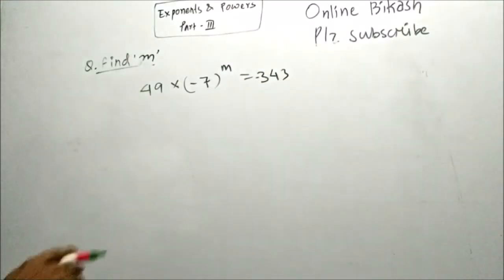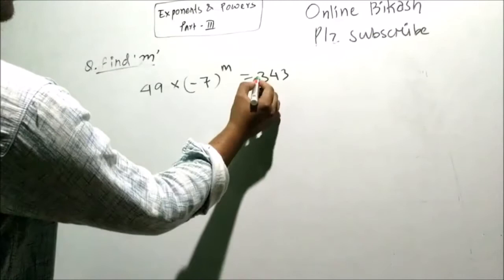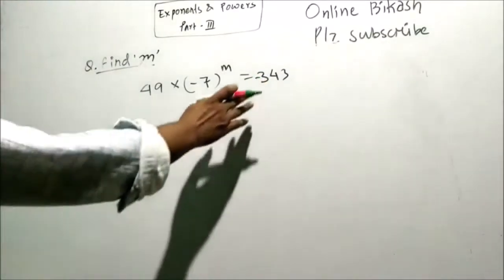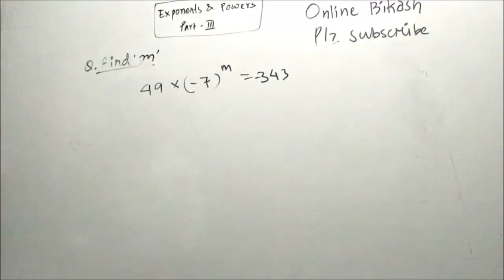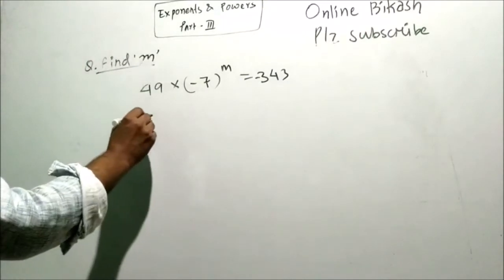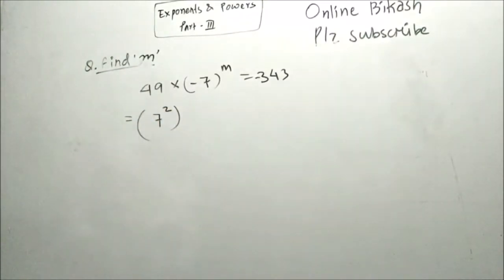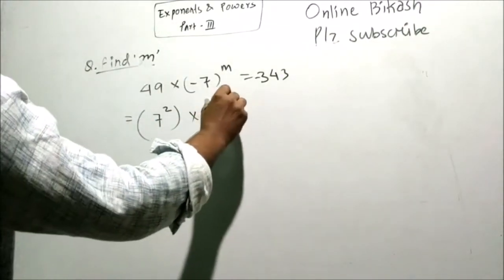So 49 multiplied by minus 7 to the power m is equal to minus 343. Now 49 we can write as 7 square. Yes or no? And this one is minus 7 to the power m.